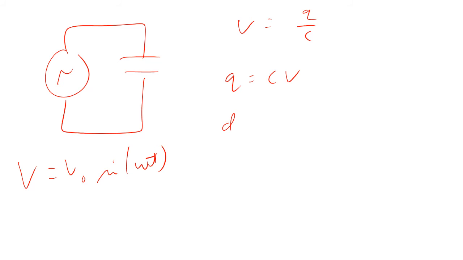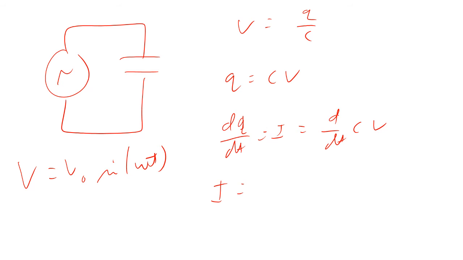Next, we can talk about what would happen with a capacitor. So now we have a capacitor. And so again, we know that V is V naught sine omega t. Well, we know that the voltage is going to be Q over C. So Q is going to be C times V. Okay, dq dt, that's I. So that would be equal to the derivative of CV.